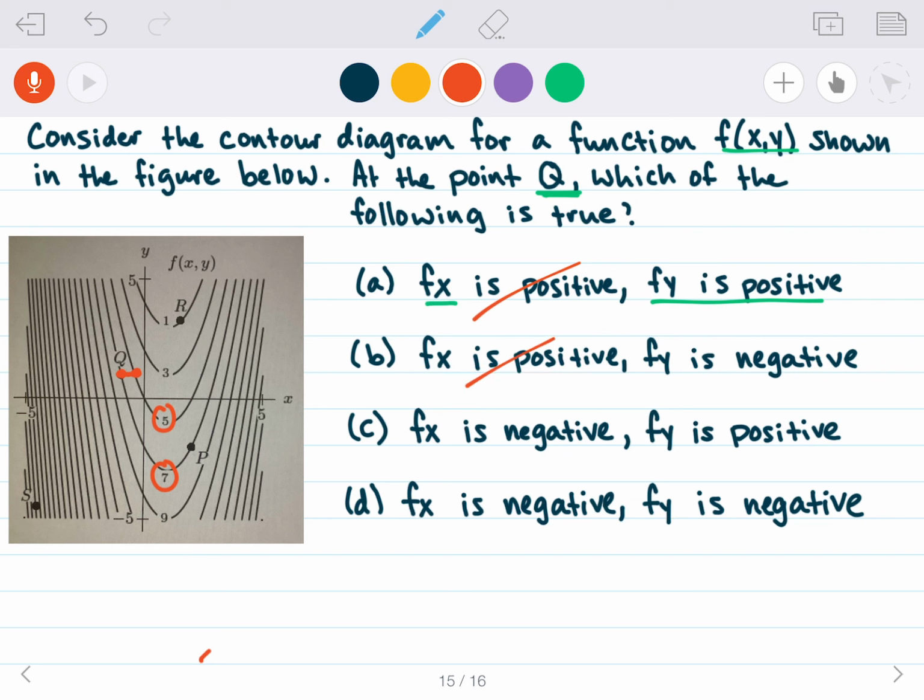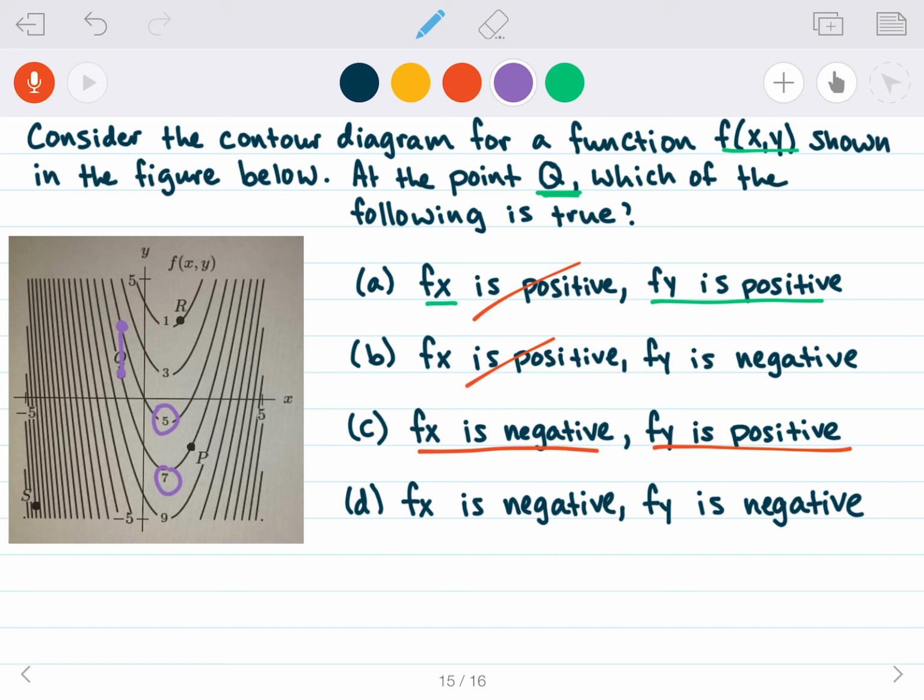Neither is this one, because the partial derivative is not positive with respect to x. What about C? Okay, so this says partial derivative with respect to x is negative, partial derivative with respect to y is positive. Is that true? Well, let's look in the y direction near Q. Okay, so if I increase my y value, if I go up, I'm going from z equals 7 to z equals 5, right?